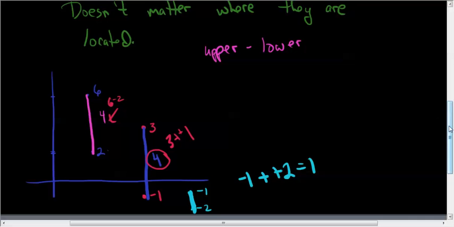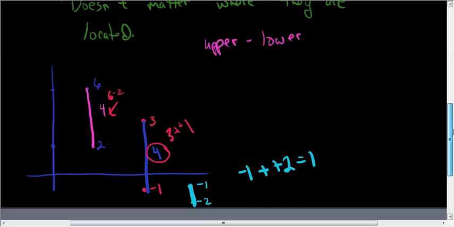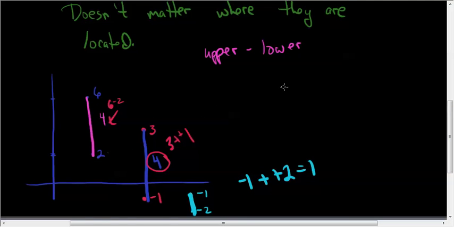So it doesn't matter if they're both positive, if one's positive and one's negative, or if they're both negative. The height is always the upper minus the lower, and the width is going to be our dx. So the value of the upper function minus the lower function, and our width is dx.